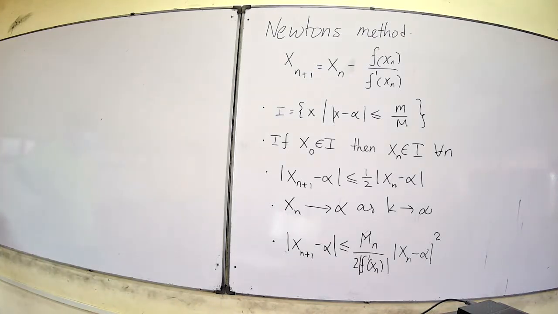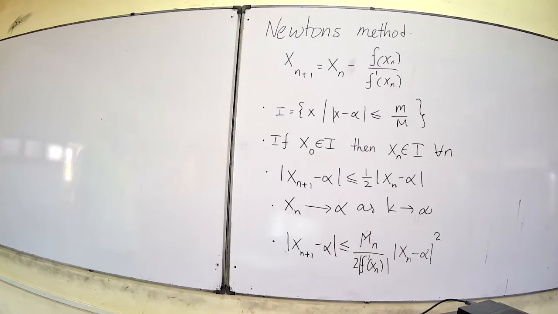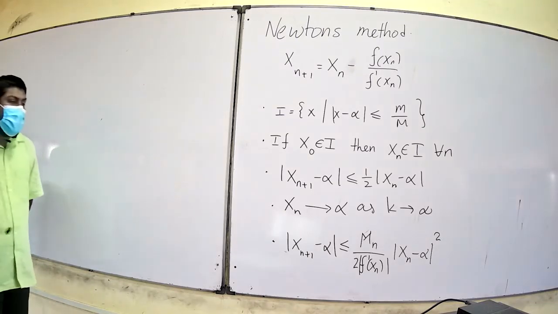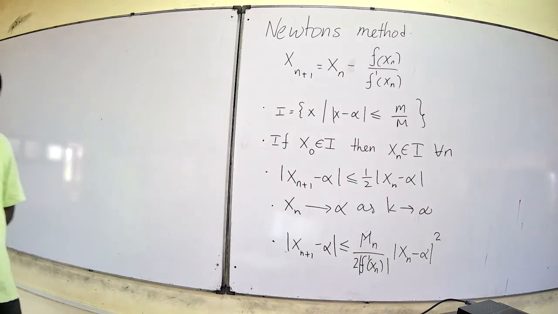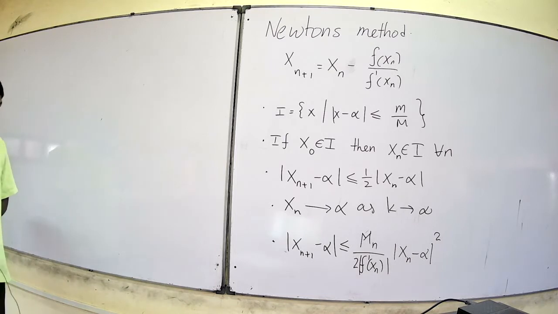And then we found an error bound: when we approximate alpha by xn plus 1, the error, the absolute value of xn plus 1 minus alpha, is less than or equal to Mn times (xn minus alpha) squared over 2 times f prime of xn. So these are the results we proved.